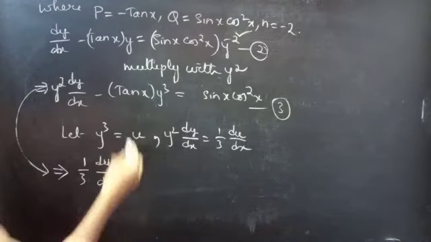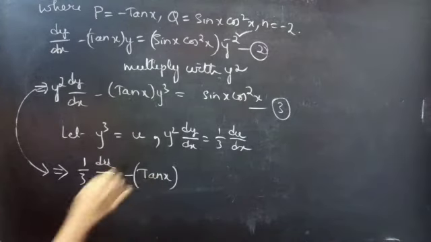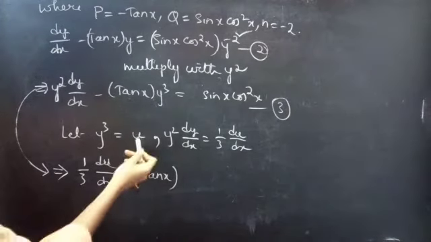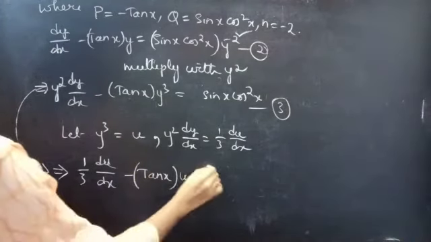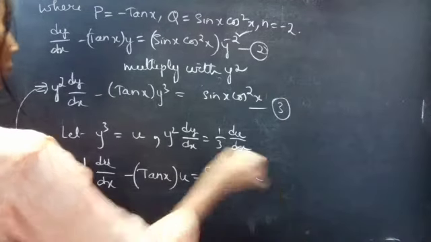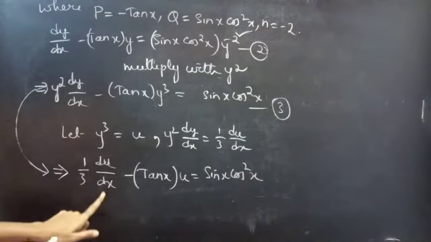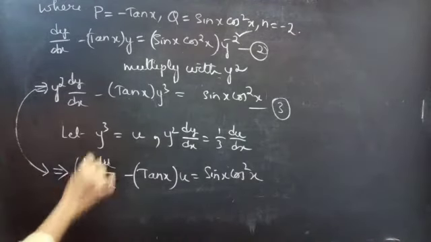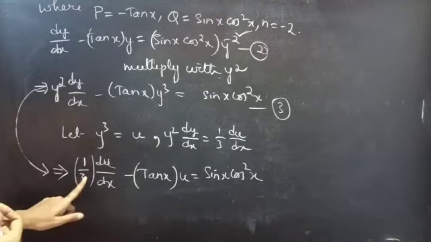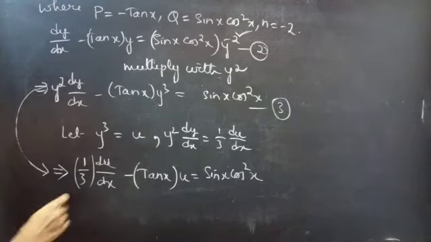minus tan x into, replacing y cube by u, equals sin x into cos square x. Again, we have the coefficient 1 by 3 on du by dx, so we have to eliminate it.